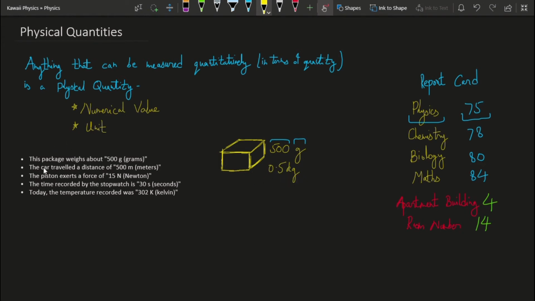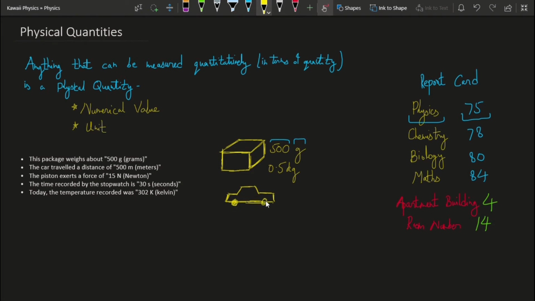And then the car is traveling a distance. The car traveled a distance of 500 meters. You have a car here. Please don't mind my drawing.